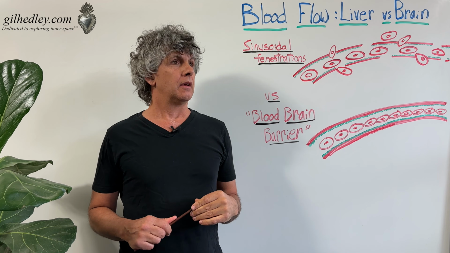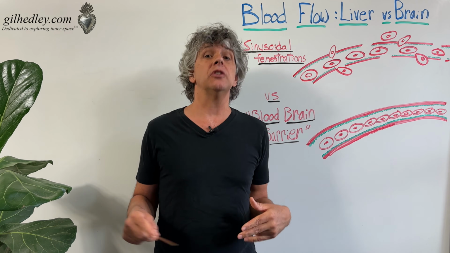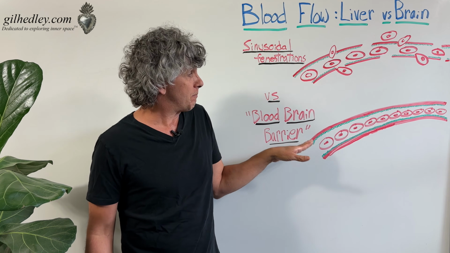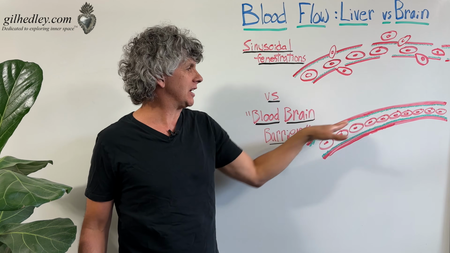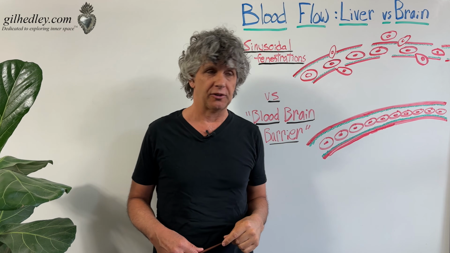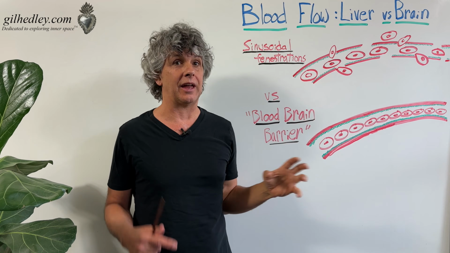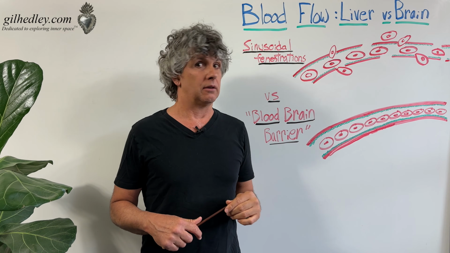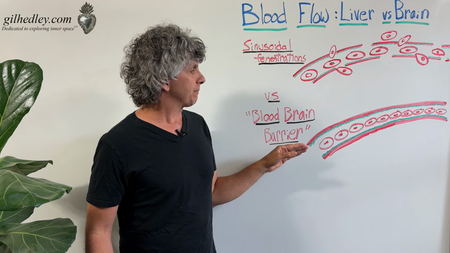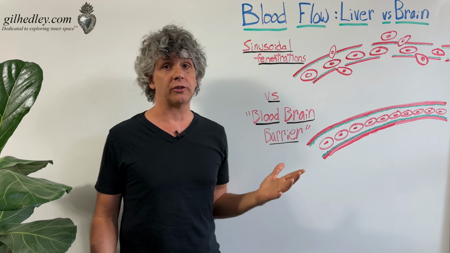Some of them, their effect is possible because of the ease with which they pass through these tight junctions despite the brain's best efforts. So we can have the passage of certain things through here that affect the brain in all kinds of crazy ways because they can transport themselves across the blood-brain barrier.